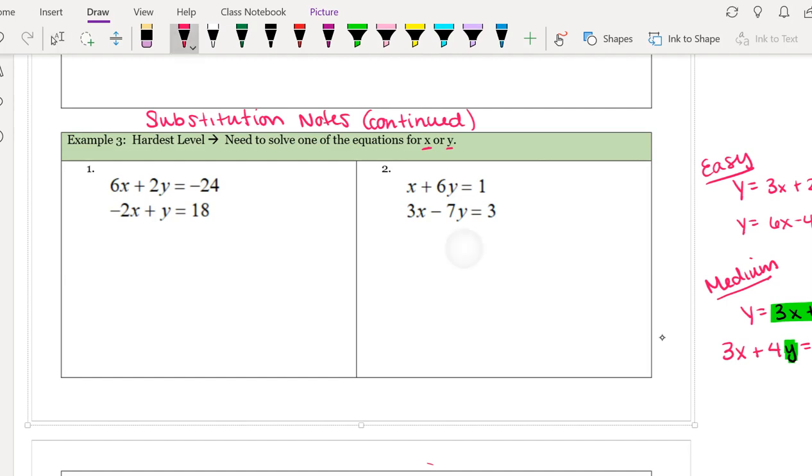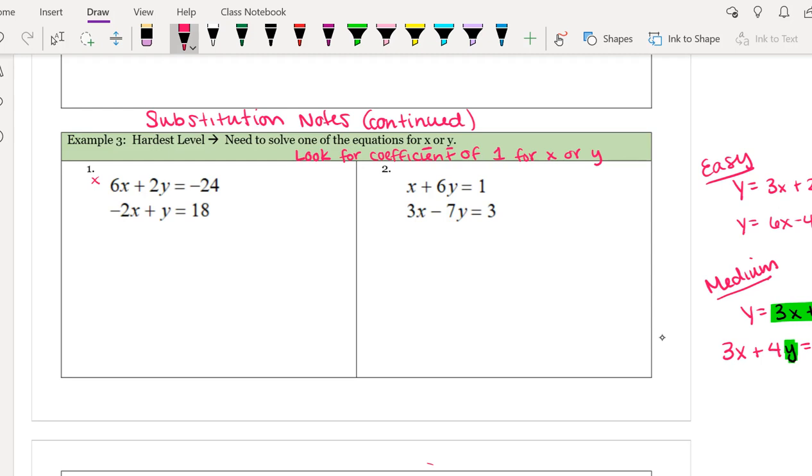You're going to look for a coefficient of 1 for either x or y, if possible. That's when you know substitution is going to be the best method.